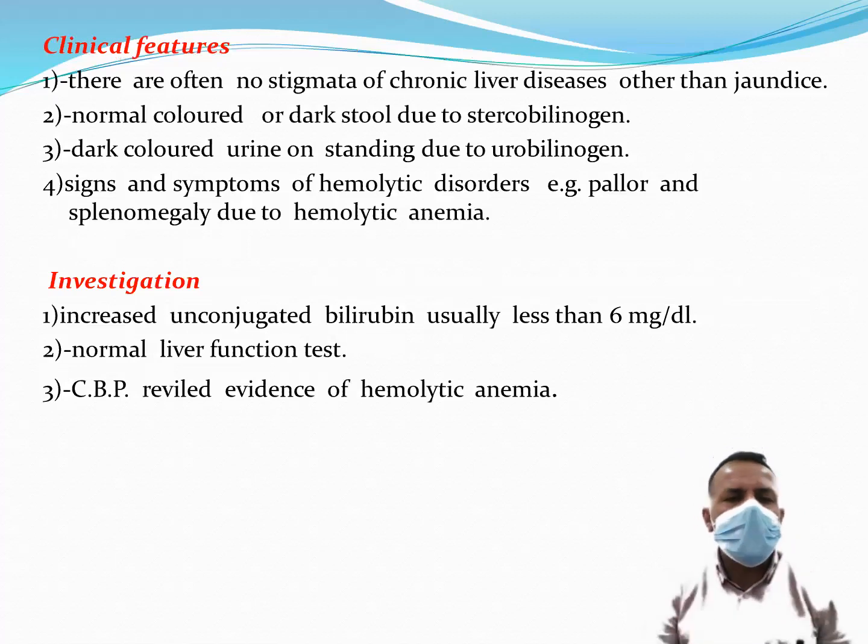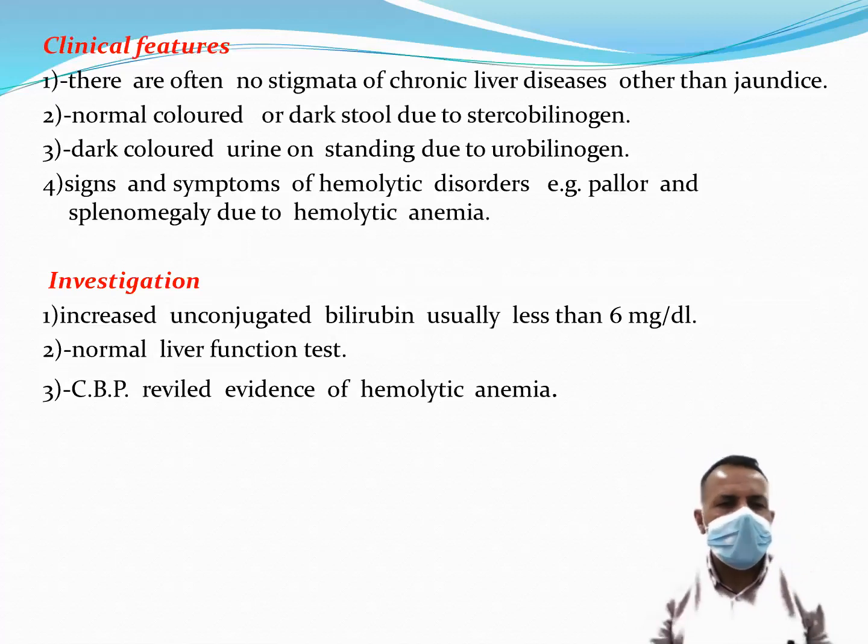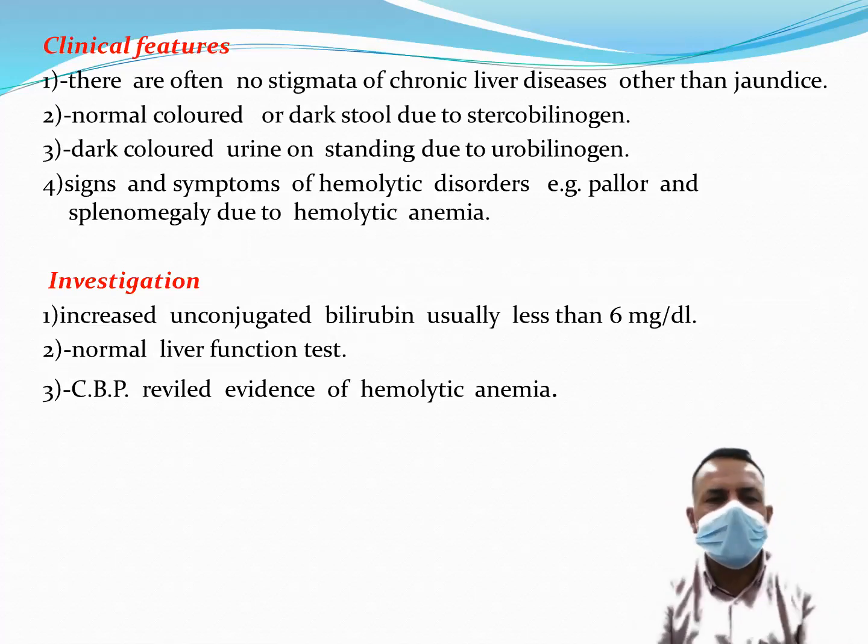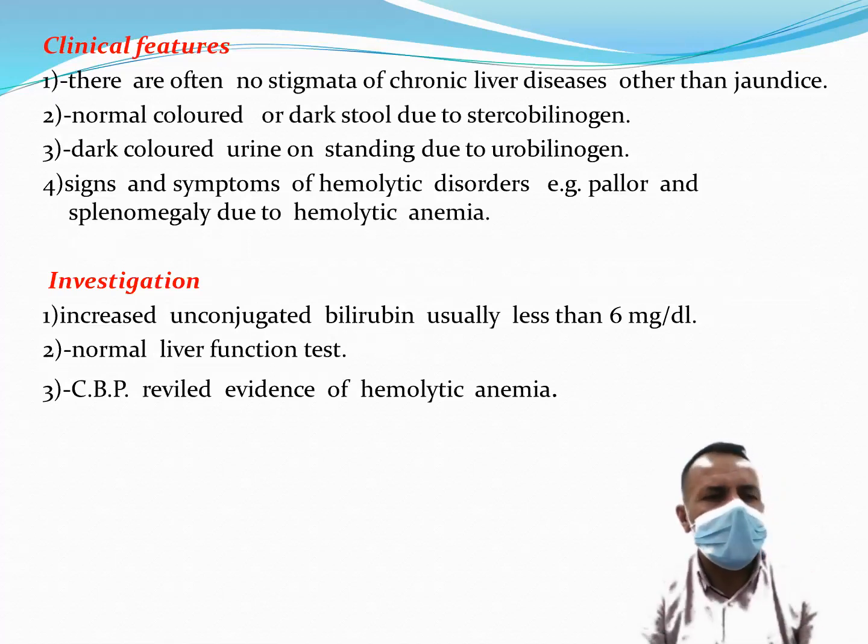What are the clinical features of prehepatic jaundice? There are often no stigmata of chronic liver disease other than jaundice. The liver is normal. Liver enzymes are all normal because the disease is before the liver, inside the blood, not in the liver.